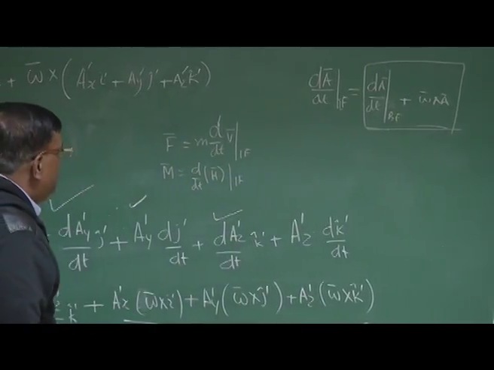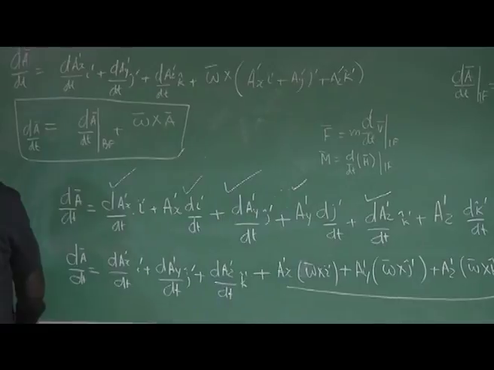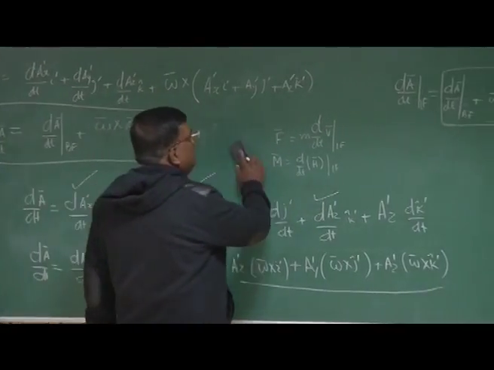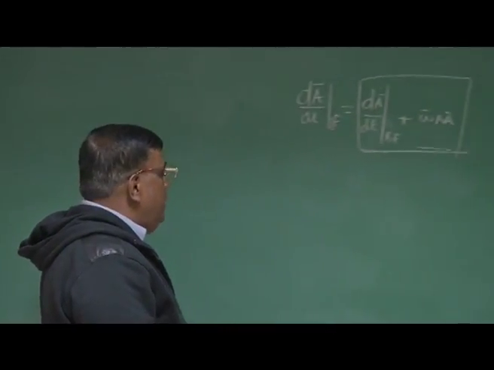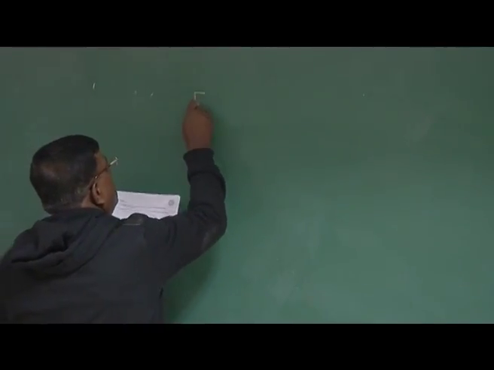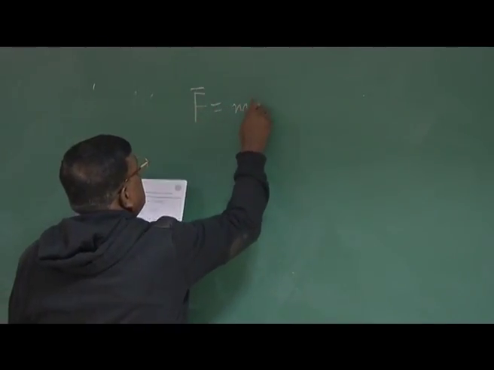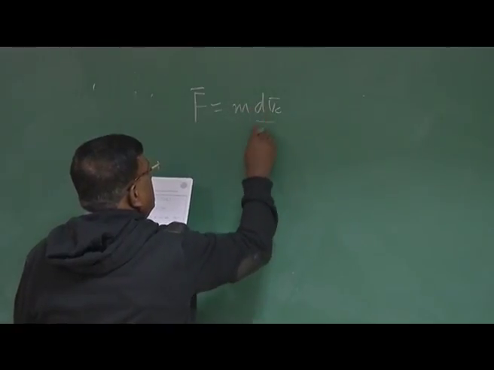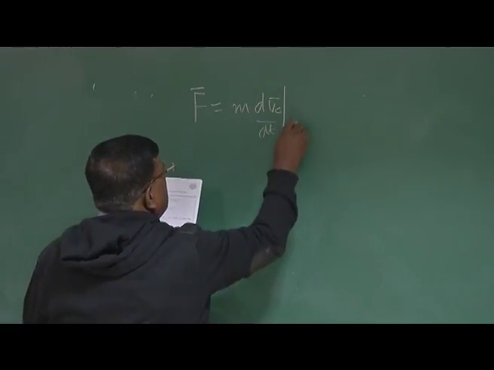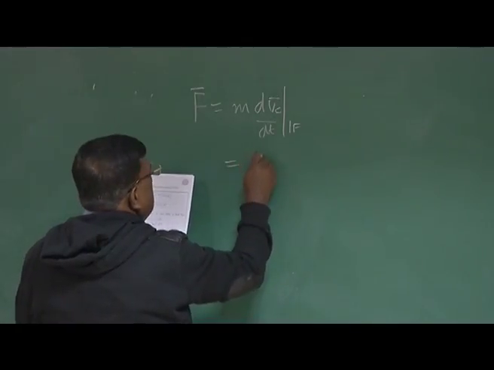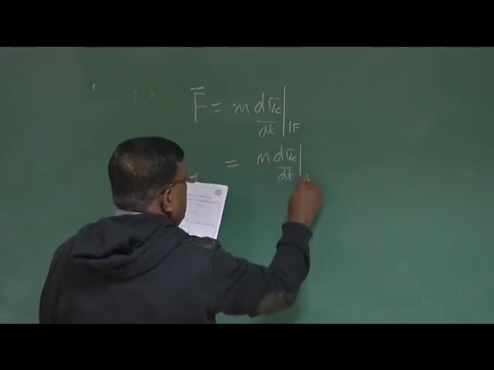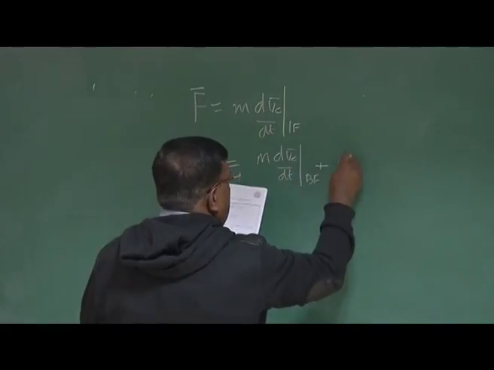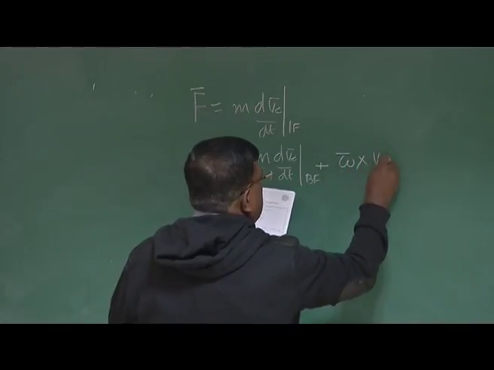So now with this understanding we will complete the first part of the derivation of the equation of motion. What we wanted was F equal to m dVc by dt in the inertial frame, and now we know that this is equivalent to saying d(mVc) by dt in the body frame or rotating frame, plus omega cross Vc.